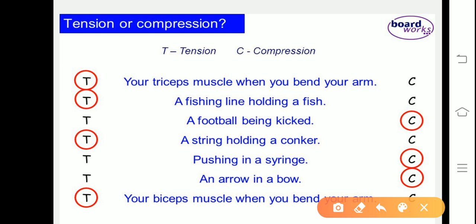And an arrow in a bow, not a string in a bow, arrow in a bow, that is a compression. It will move some distance, no? Your biceps muscle when you bend your arm, this is also tension force. So these are the comparison between a tension and compression. So you can observe some more daily life examples.